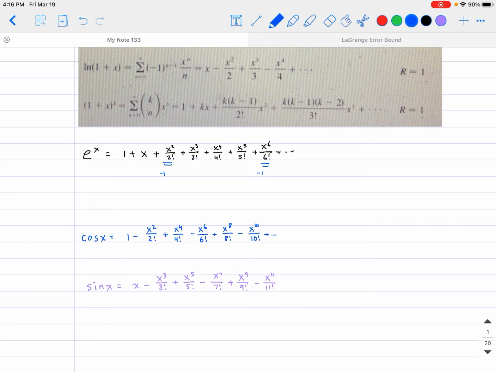Then similarly for sine, you'll notice that x to the 3rd is negative, and then x to the 7th is negative. So I need to somehow make this term negative, and the next term, x to the 7th divided by 7 factorial, has to be negative as well, whereas everything else is positive, and so on.